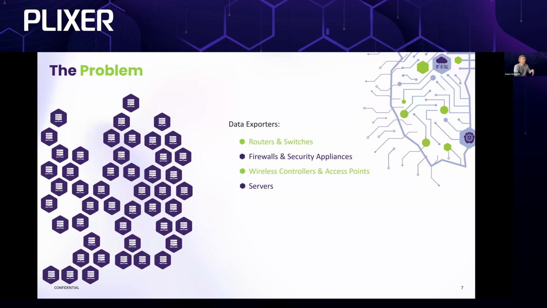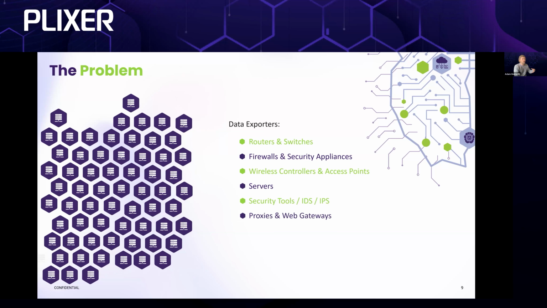You can configure flow from a few different Linux kernels now, which is becoming interesting very quickly. Security tools and IDS, your Suricatas of the world, can produce flow records, again adding to this UDP data stream that's going to be on your network. And then ultimately proxies and web gateways and other things that are just going to have events kick off and have a one-to-one relationship between that event occurring and a data record needing to go into your monitoring infrastructure.